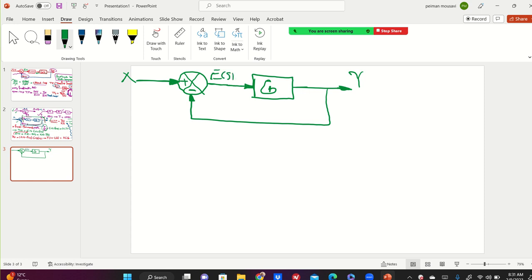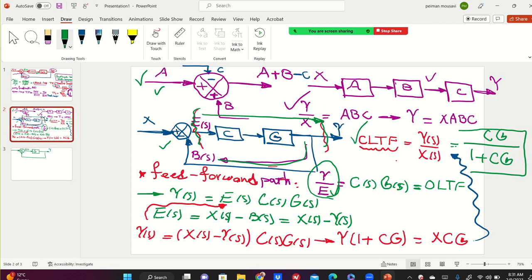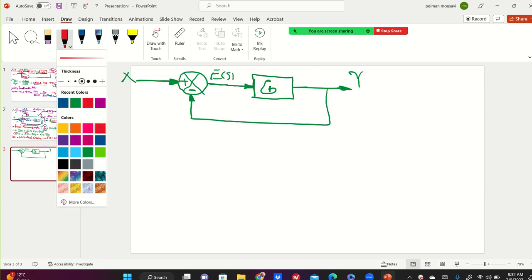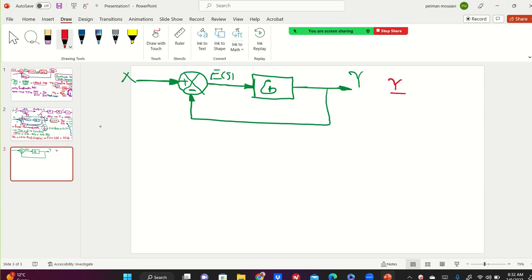So by having that, look at here, guys, all of you. The closed loop transfer function is the same except there is no C. Here we go. So your Y over X closed loop transfer function is going to be G, the plant, over 1 plus G. This is your plant.